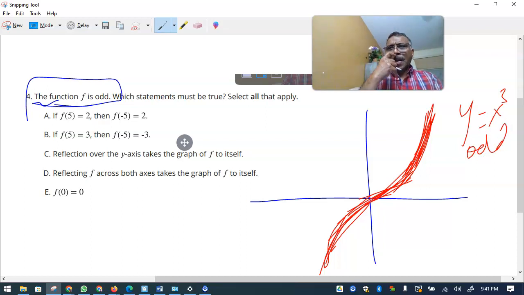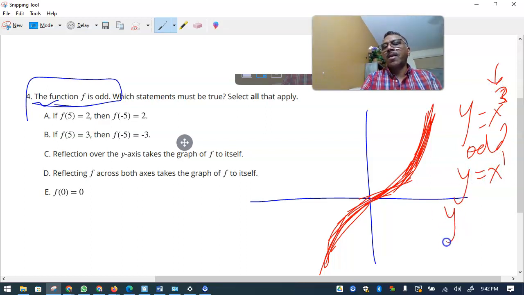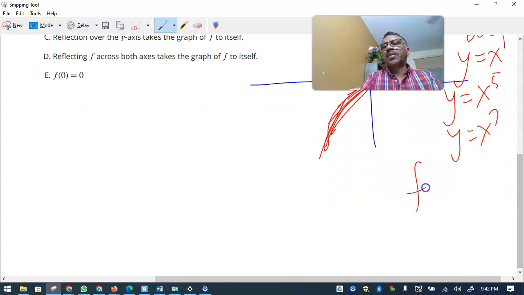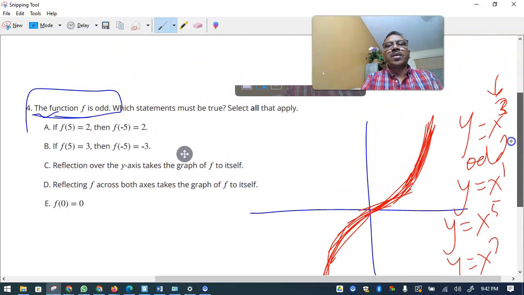And you can see that whenever there's an odd function like this, it could be x raised to 1, as we've seen earlier, it could be x raised to 5, it could be x raised to 7. And in this kind of thing, you'll always see that if I put minus f of minus x, you get back the same thing. That's what that means.